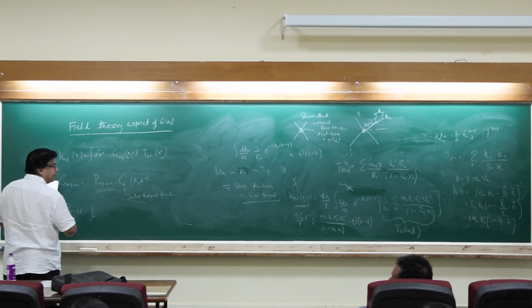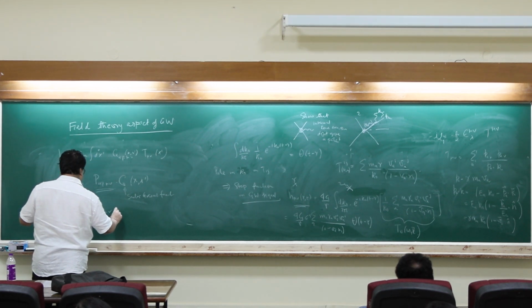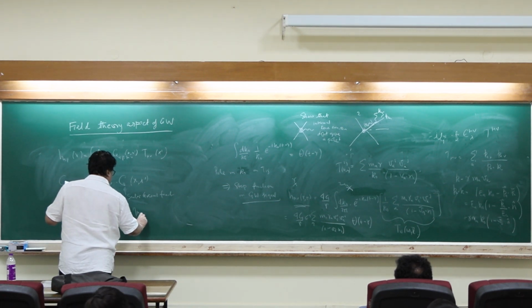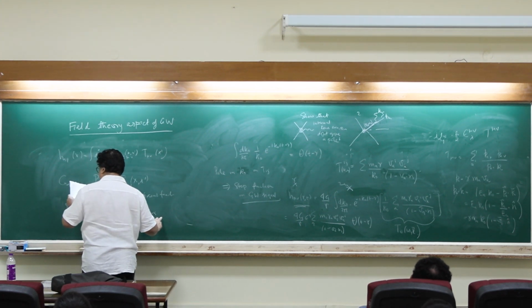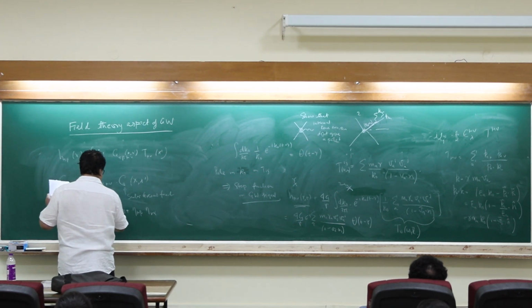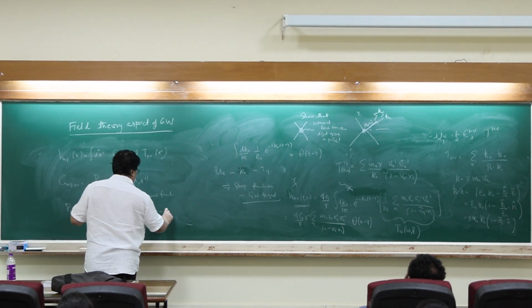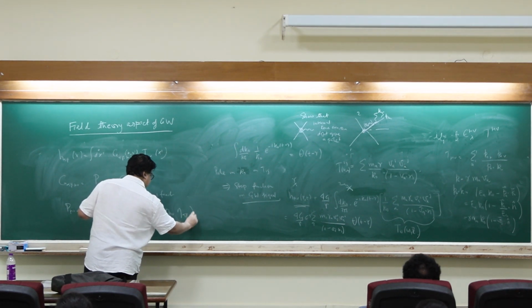Is half, no, this is mu alpha nu beta plus mu beta nu alpha minus eta mu nu eta alpha beta.